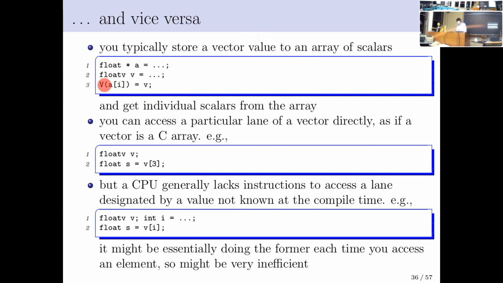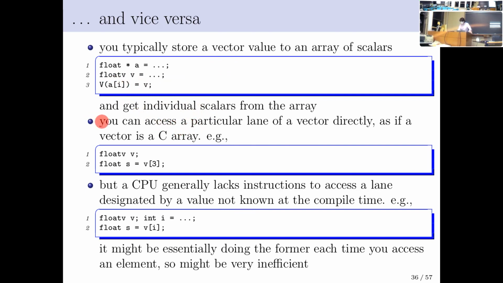Now the left-hand side should be something like V of AI, and you simply assign a vector of values into this left-hand side. Then 16 values will be stored into 16 consecutive elements of this array A, starting from element I. After this, you can get individual elements from this underlying array A.